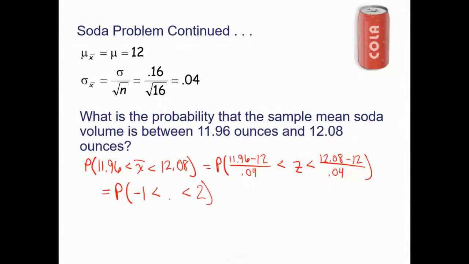This needs to be a z right here, not an x anymore. Okay, so remember on these, we have to subtract the big probability from the small probability.